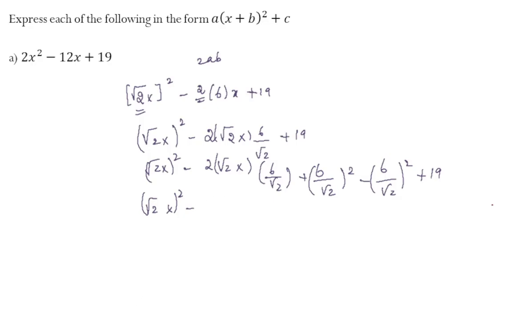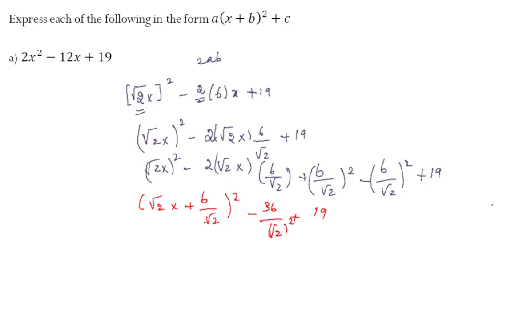Then we can write the first three terms as a perfect square. The first term would be (root 2 x plus 6 by root 2) the whole square. Then 36 divided by root 2 the whole square, which is 2.